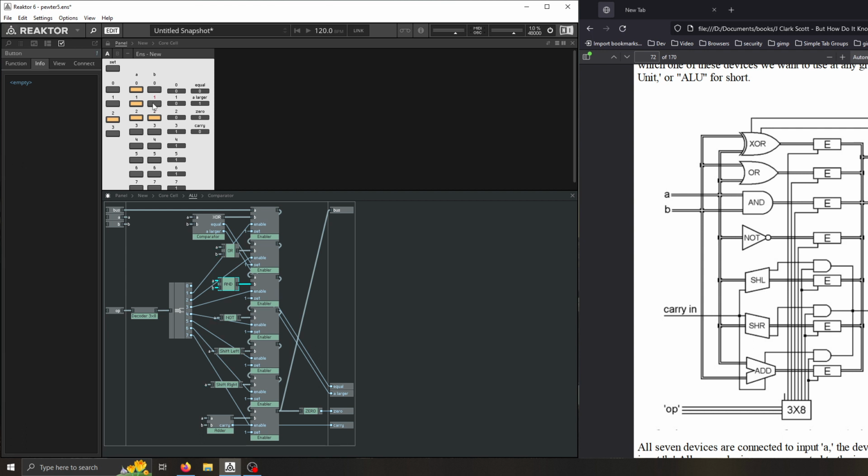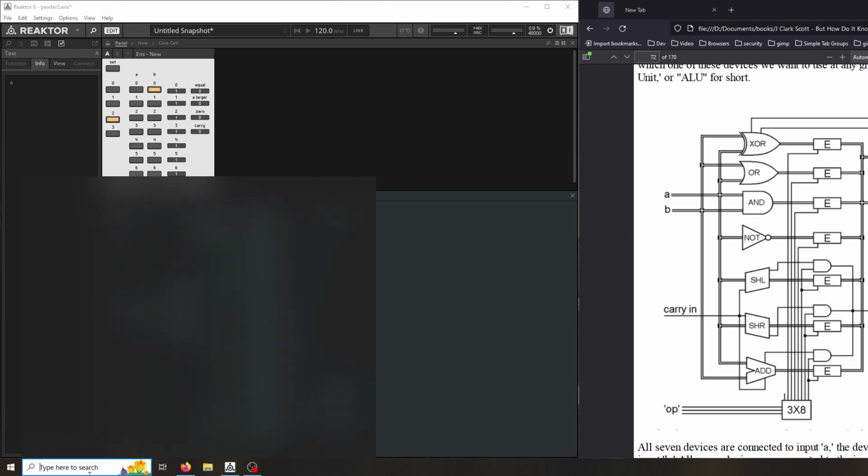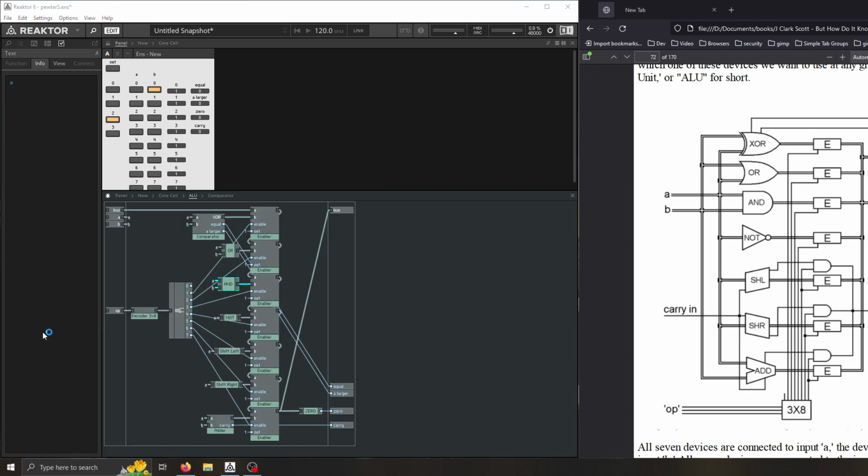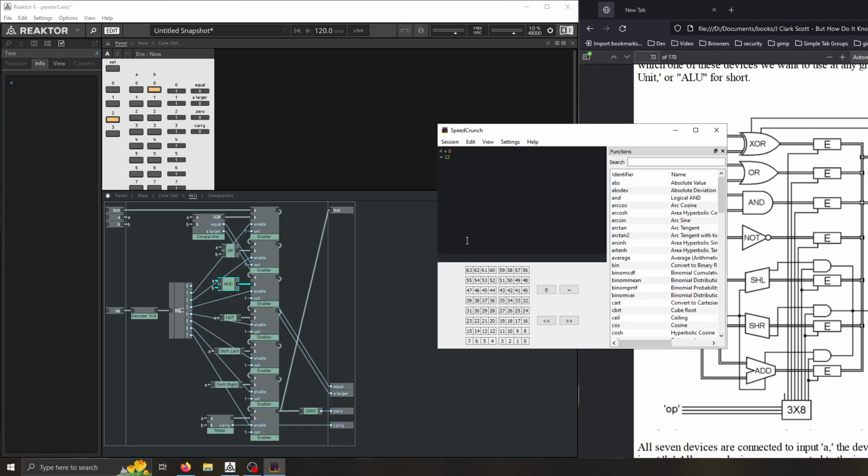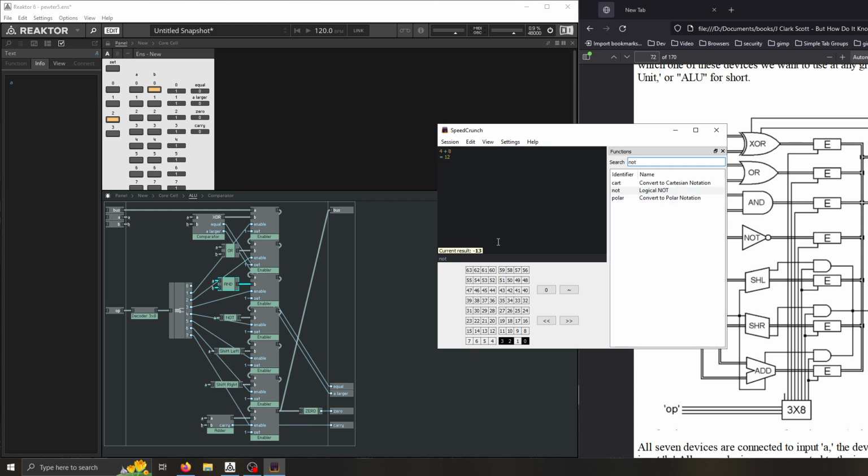Opposite of 1. Actually, I'm thinking about this. A is 0, and then B is 1. Would the output still be 1 when it comes to a NOT? I think so. I don't know. Is this a function? Yeah, I think.